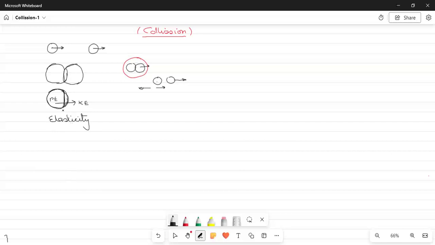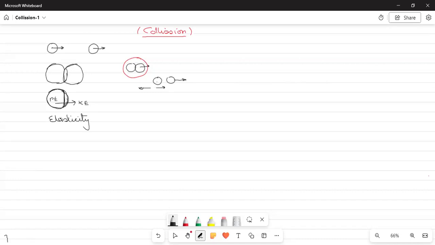For the time being, you just remember this is due to the elastic property of the material. Now, in this world, no material is 100% or perfectly elastic, and no material is 100% inelastic.